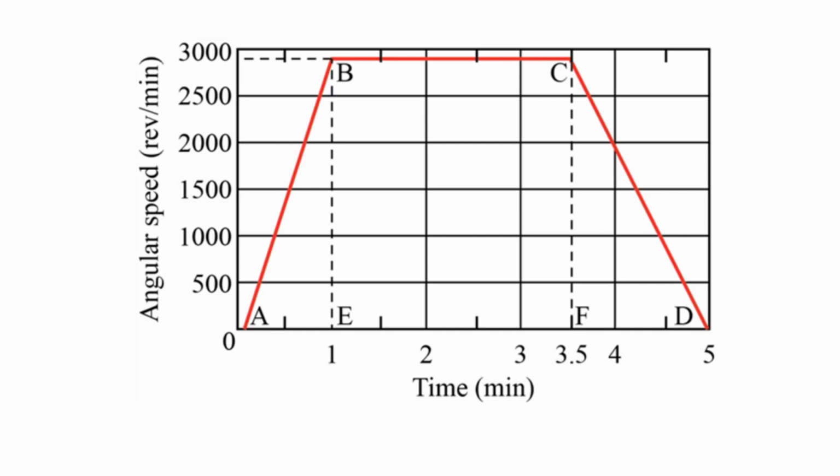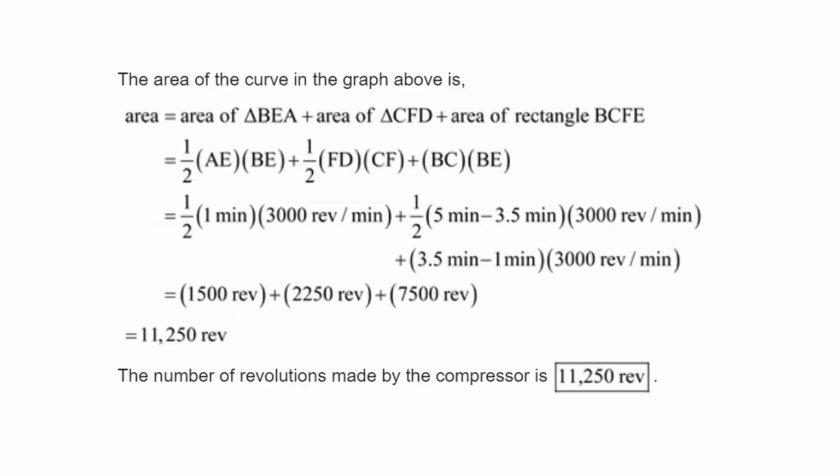Now this forms triangle 1, this is a rectangle, and this is the triangle. This is the angular speed on the y-axis. When we find the area under the curve of these three, we get theta, that is nothing else but the revolutions. Now let's do the calculation in the slide.